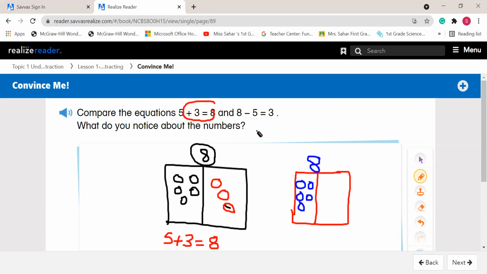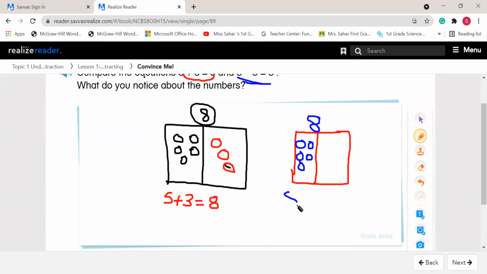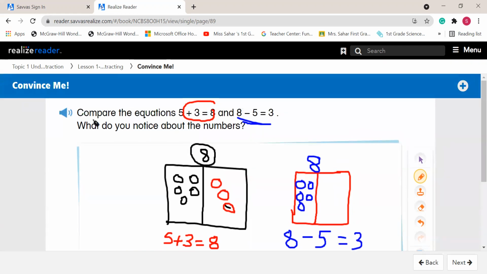So now I need to do that using subtraction. I have 8, this is my total, the sum. The part I know, 5. Now I need to get the missing part, which is 3. So I can get the missing part by either adding or subtracting. So today's practice is nothing new, we are just using word problems. We need to read the sentence, explain it, and then put it in the equation.